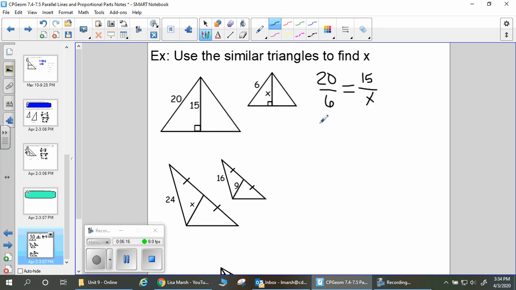And once you set up your proportion, the cross multiplying and the solving should be sort of the quick and easy part. So you're looking at your 20X, and 6 times 15 is going to be 90. And so divide by 20, and you're going to get X is equal to 4.5.